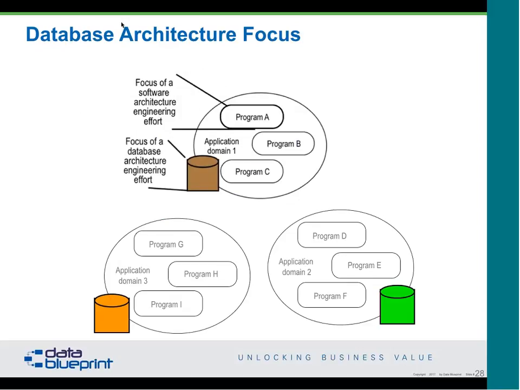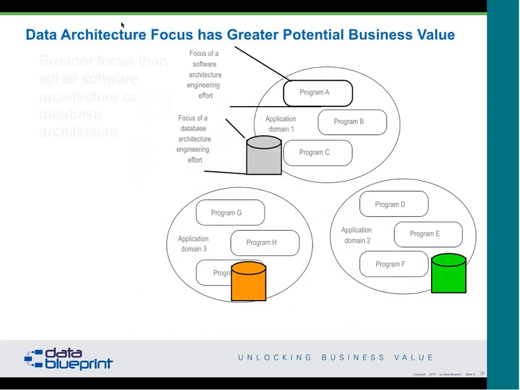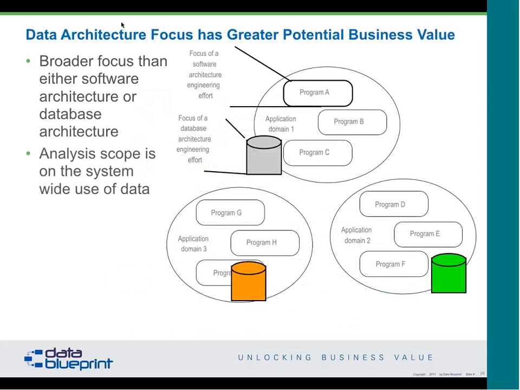And it turns out there is a significant amount of overlap between those organizations. It depends how well your organization is engineered to find out what the actual amount is, but it's never a small amount when we look at these systems. And so the architect not only has to focus on program A, B, and C where the brown is, but in fact focusing across the entire domain. It's broader in focus than either software or database architecture.